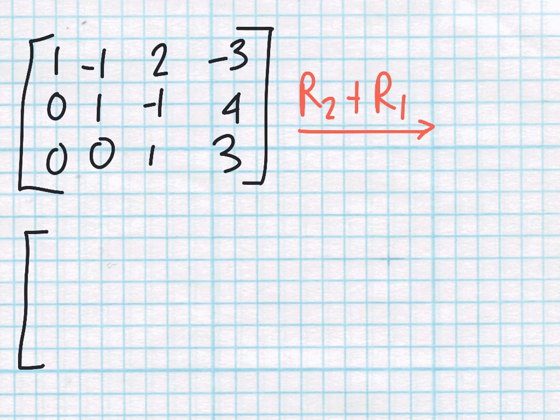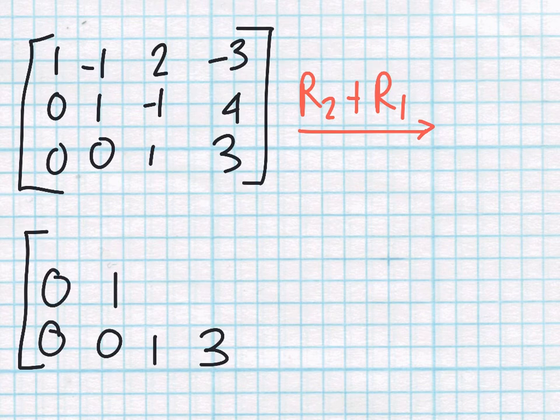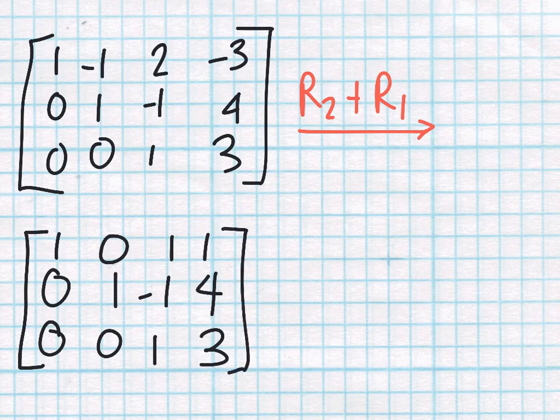Row 3 is perfect. It's got the zeros and 1s exactly where we need it to be. It's row 2 and 3 that we need to change. So we're leaving rows 2 and 3 alone for now, and we're adding row 2 and row 1 and putting it in place of row 1. So then we get 1, 0, 1, 1. Okay, we're closer to where we need to be.